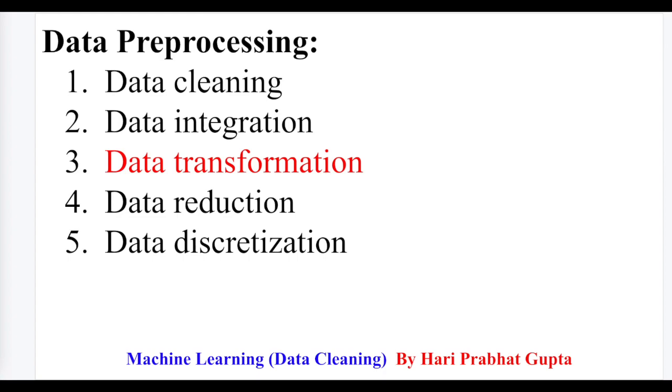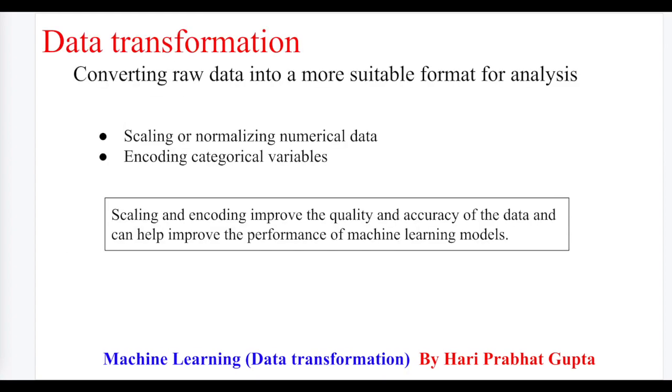Now we talk about another data preprocessing technique, which is data transformation. The very first question that comes to mind is why data transformation is required. Data transformation is a step to convert the raw data into a more suitable format for analysis, so that you can use the data in a more effective fashion.